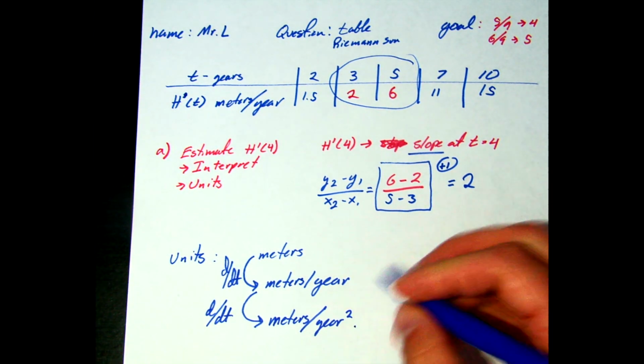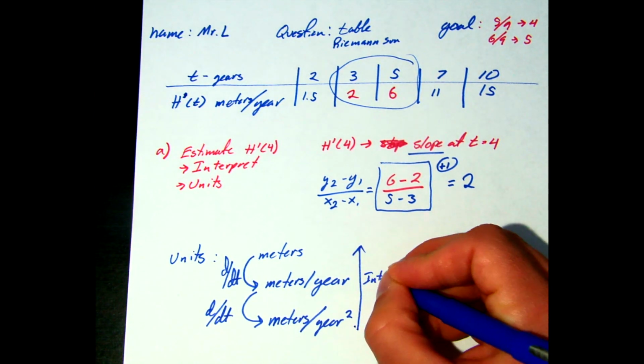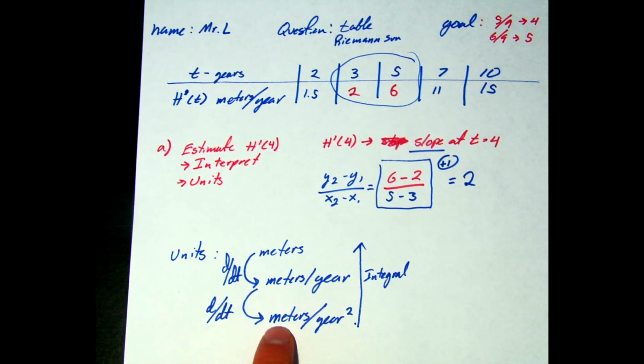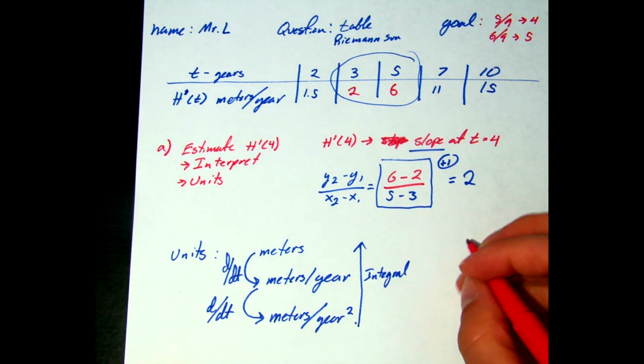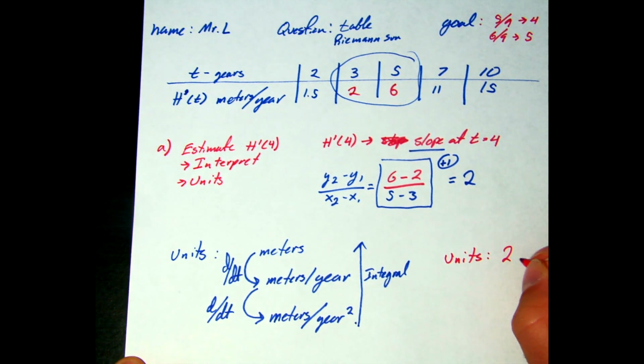Now, if I wanted to go up, I would just use an integral. So you might have to take the integral of meters per year squared and wind up with meters per year. So now I know that my units are 2 meters per year squared.